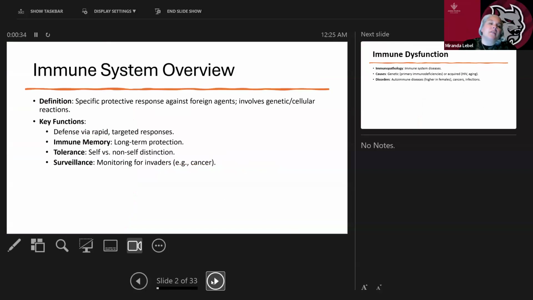So the definition here is a specific protective response against foreign agents, involving genetic and cellular reactions. We have a defense mechanism based on a rapid targeted response. There's immune memory with long-term protection, tolerance, self versus non-self distinction, and surveillance, so monitoring for invaders like cancer.